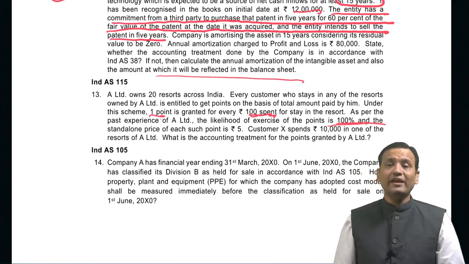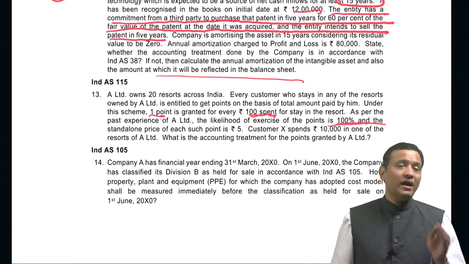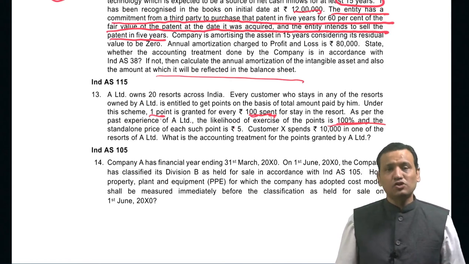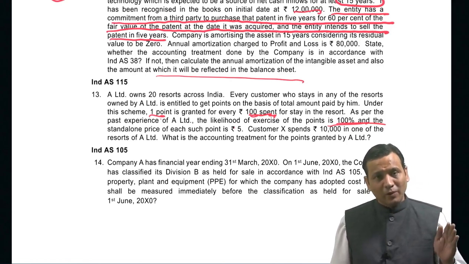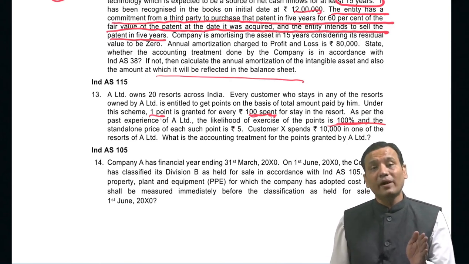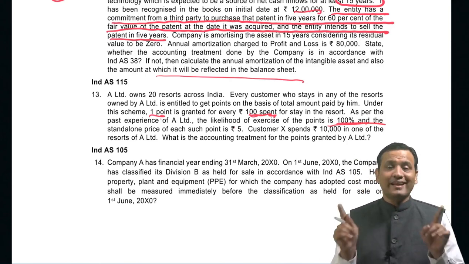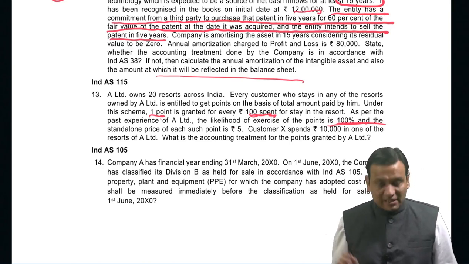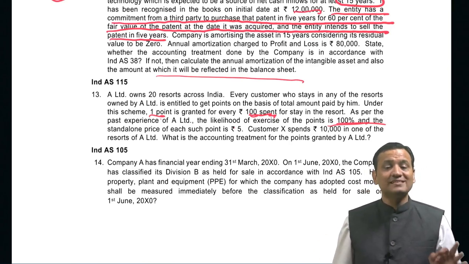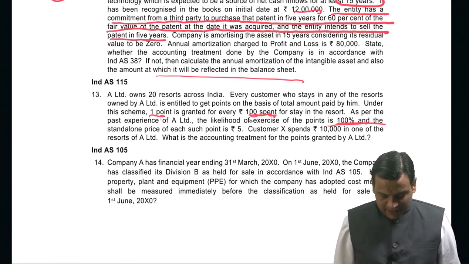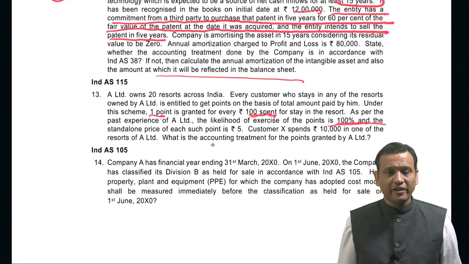So today when I receive this 100 rupees, I should allocate it based on the goods and services provided today and the goods and services that will be provided in future. So we will be bifurcating this 100 rupees in the ratio of SSP. So what is the ratio of SSP? I can say very simple, 105 only.